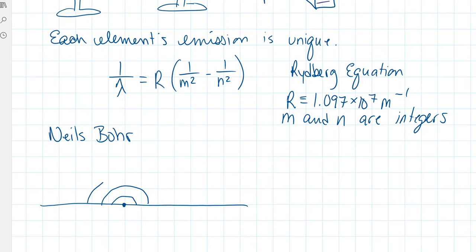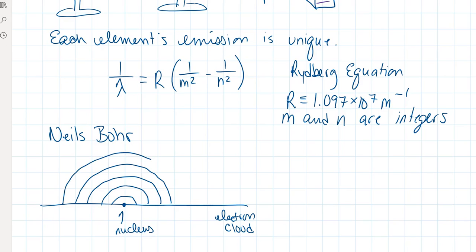He said, I think that within the electron cloud of our atom, where that little dot in the middle is our nucleus, there are these specific transitions occurring in the electrons.